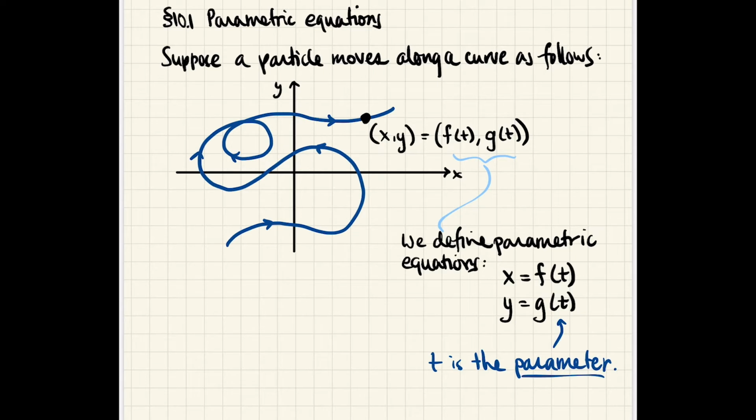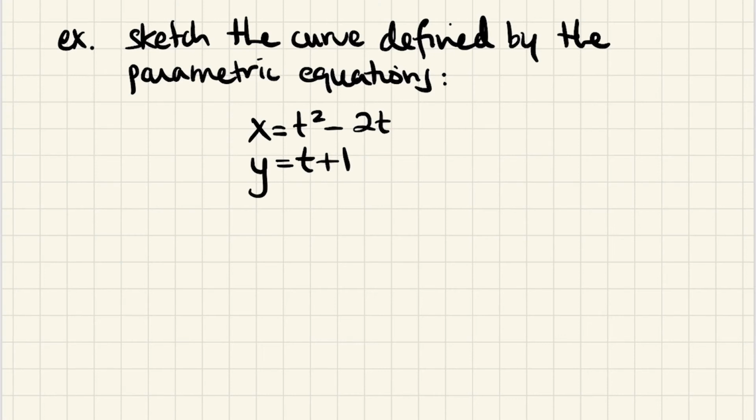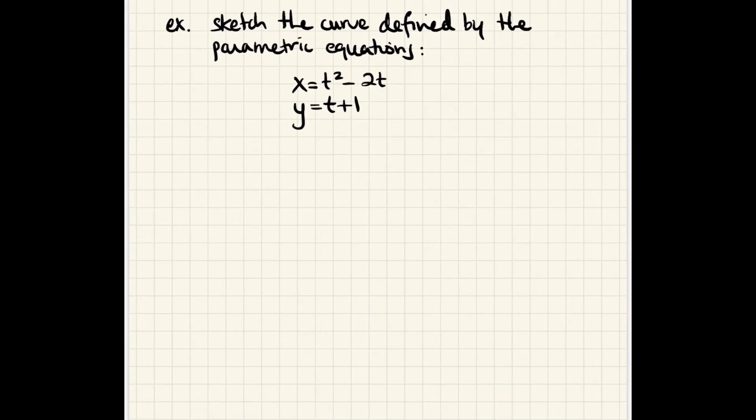All right, so let's get right into an example here of some parametric equations. Okay, so here we are given a set of parametric equations, and we're asked to sketch the curve defined by these guys. So why don't we just make a table of values?